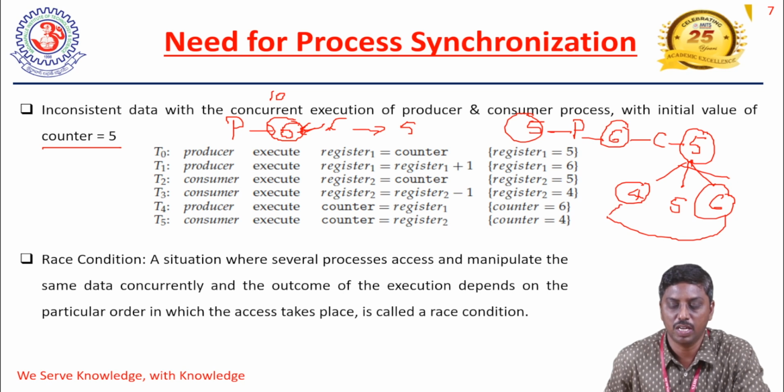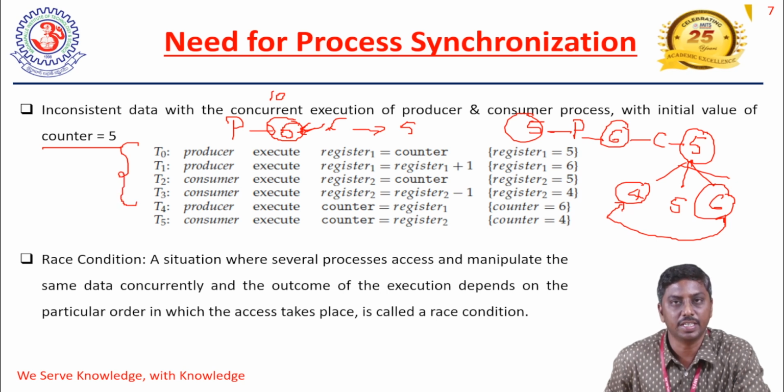So how can I generate the 4 value, and how can I generate the 6 value? If proper care is not taken, there is a chance that we may get 4 and 6 along with 5.